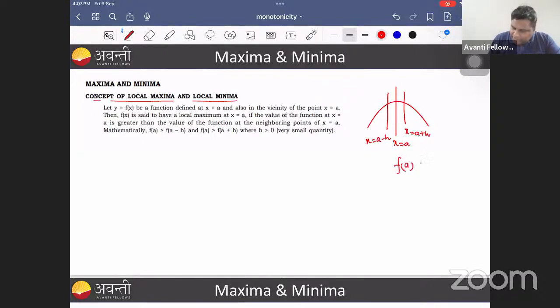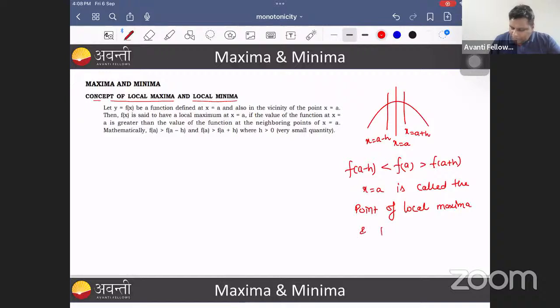So if f of a is greater than f of a plus h, as well as greater than f of a minus h, meaning the value at this point is greater than both its neighbors, then x equals a is called the point of local maxima, and f of a is called the local maximum value, not the point.